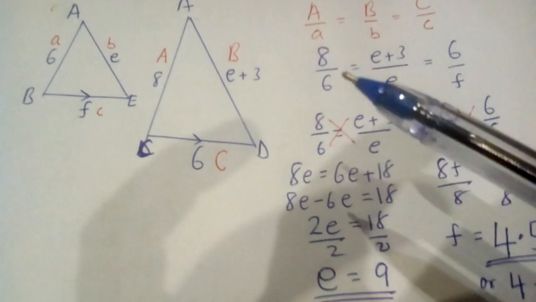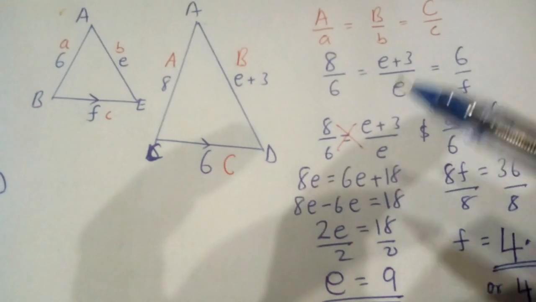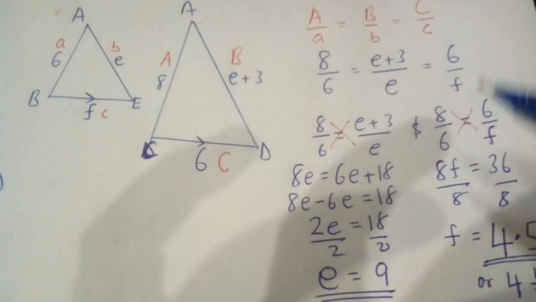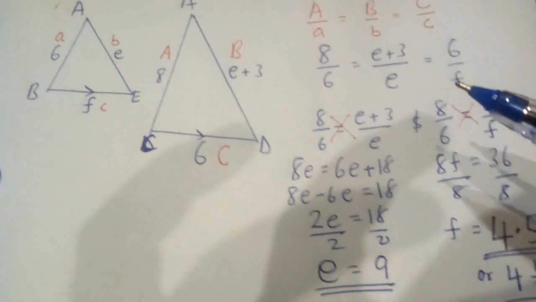Now, the proportion of A is supposed to be equal to the proportion of B and equal to the proportion of C.